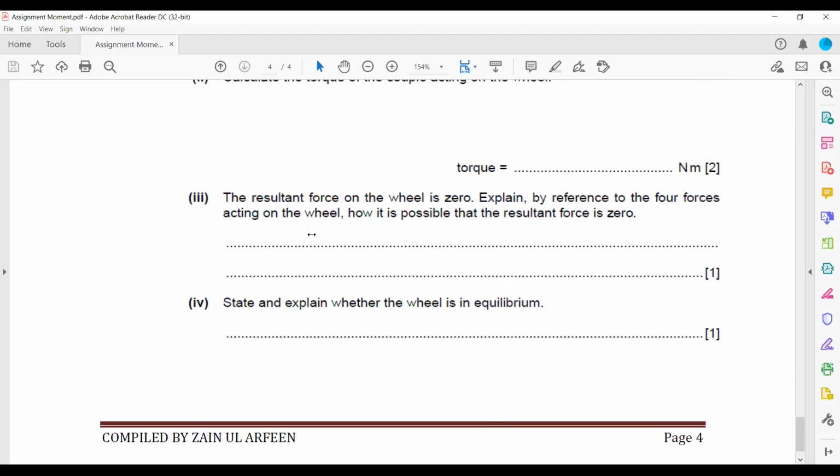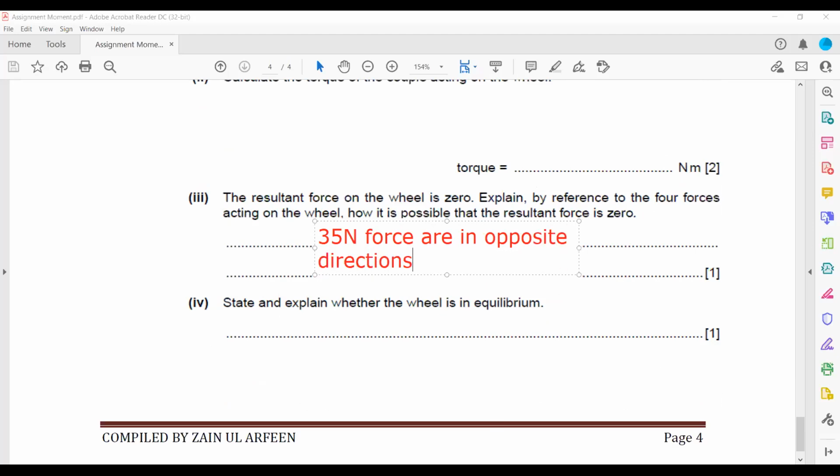So the 35 Newton forces are in opposite directions, and the weight balances with the normal contact force. So there is no resultant force.